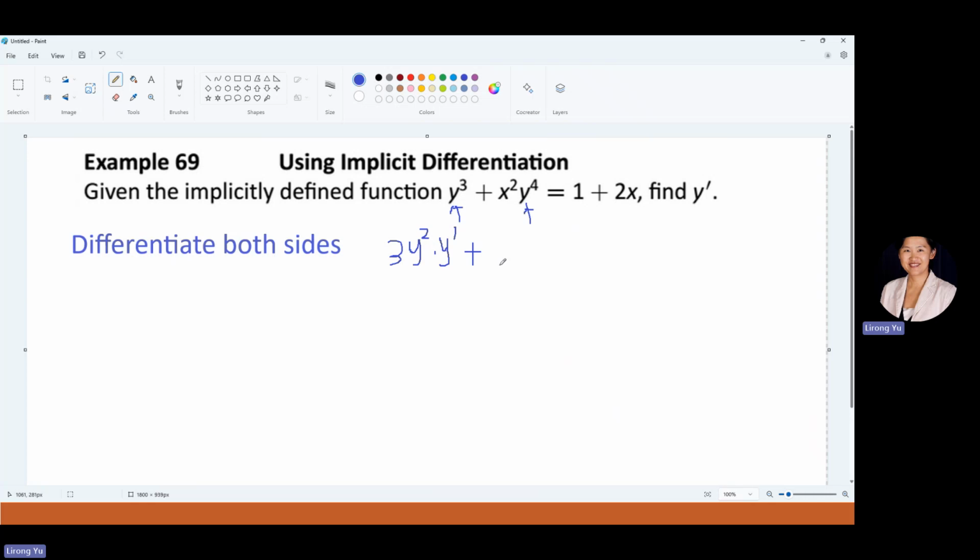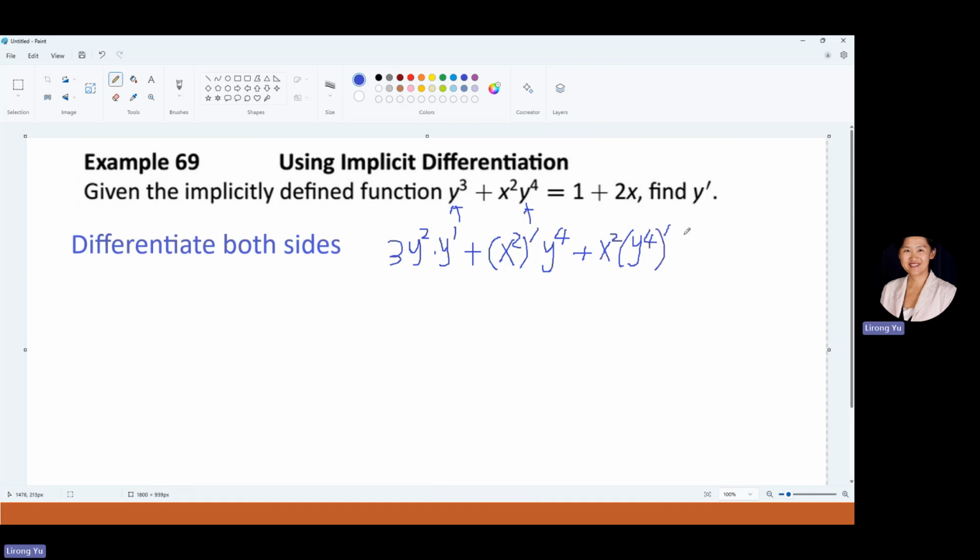In that case, we want to be careful about what exactly we're differentiating. I'm going to follow strictly the product rule: we differentiate the x squared and keep the y to the fourth, plus we keep the x squared and differentiate the y to the fourth.